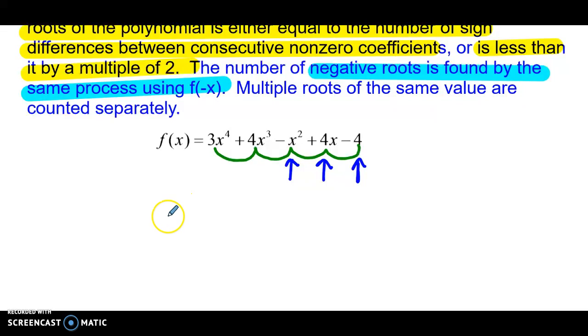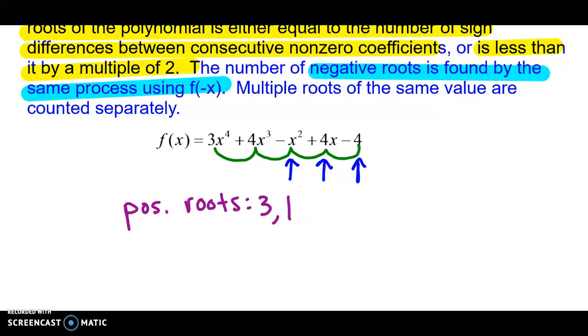So if I want to know how many possible positive roots I have, like it says up here, it's either equal to the number of sign changes, so 3, or it could be the difference between this by a multiple of 2, which 3 minus 2 would be 1.